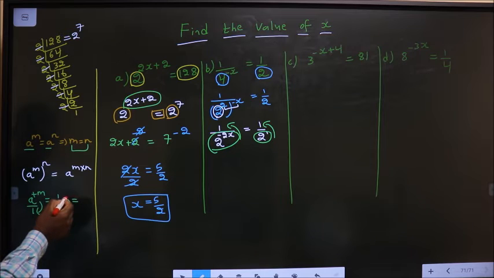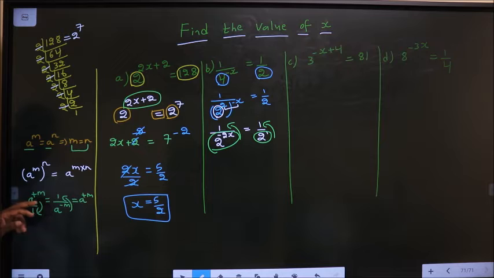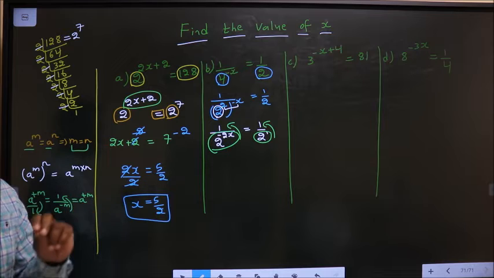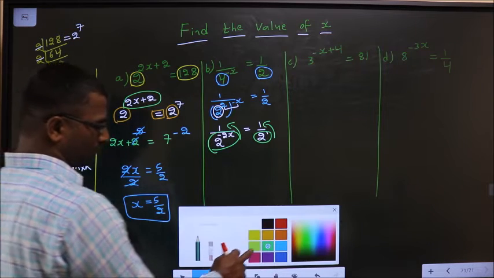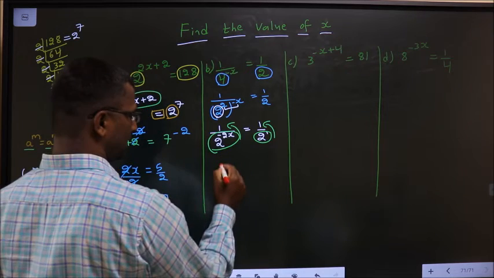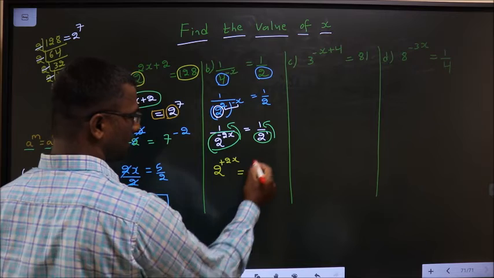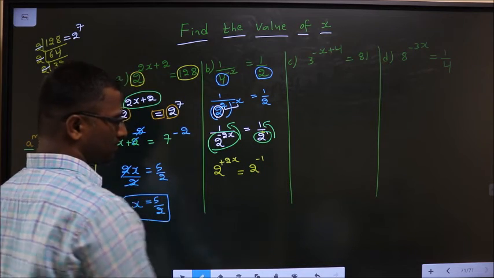See, when it is coming back up, change the sign. Positive change it to negative, negative change it to positive. Whenever it is going down or up, the sign for the power will change. So here it is negative 2x, when it comes up positive 2x. And here it is plus 1, when it comes up it will become minus 1.